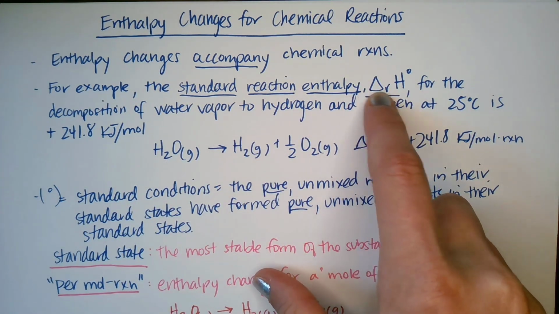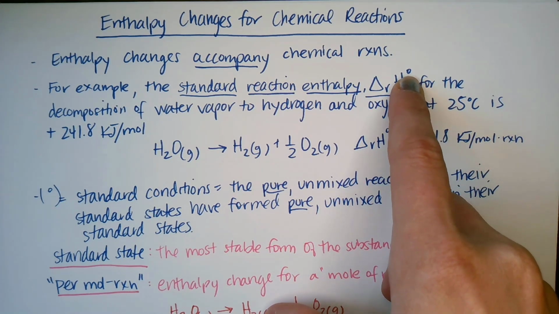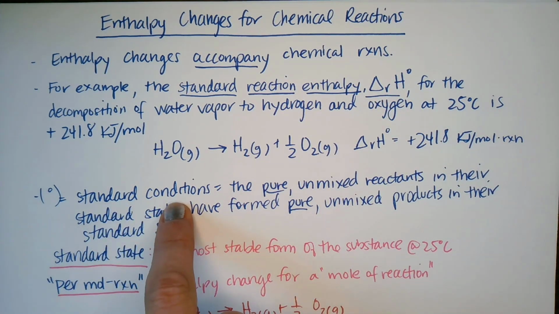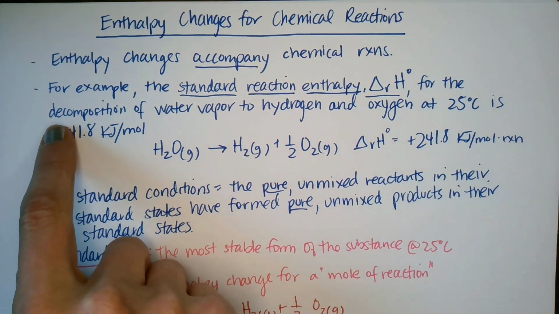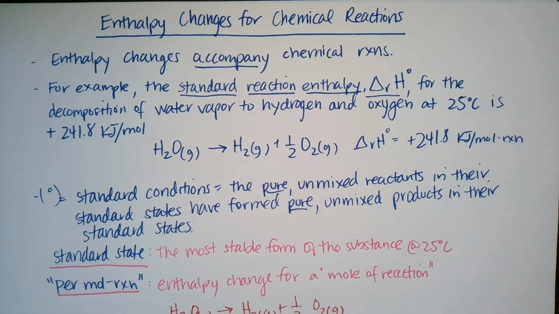For example, the standard reaction ΔH, so it's the change in enthalpy for the reaction, and then we have this little superscript 0, which stands for standard conditions, and we'll get to that in a second.